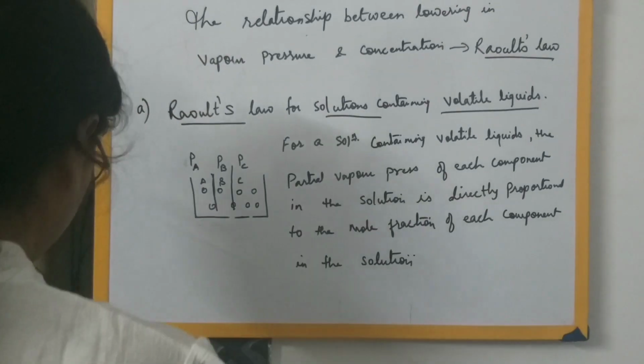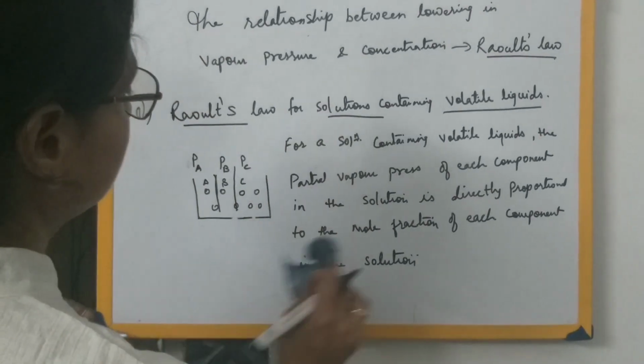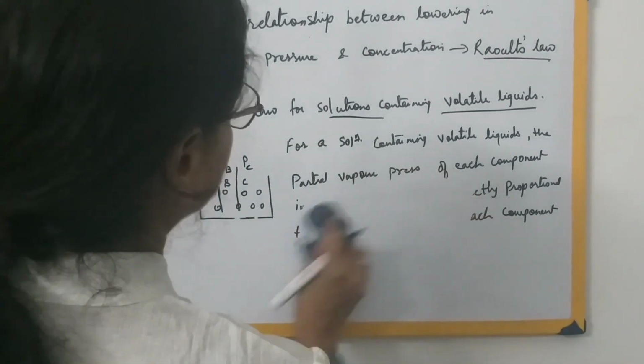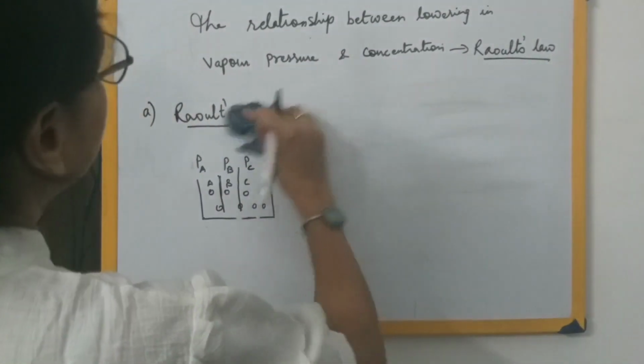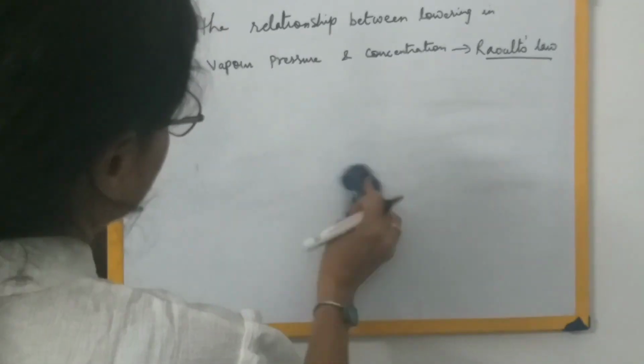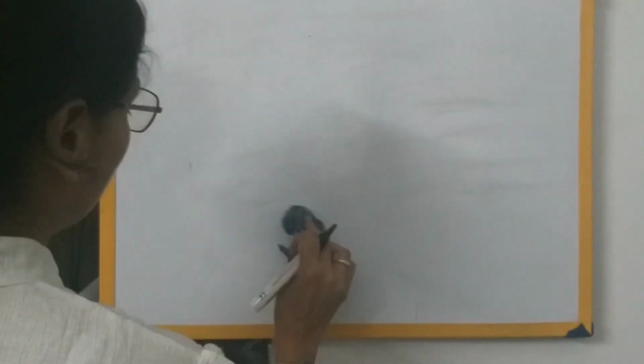Now just imagine, I'm just rubbing it off. If the solution contains many components, let it be A, B, C, up till I. So what can we say if there is an ith component? Many components are there.